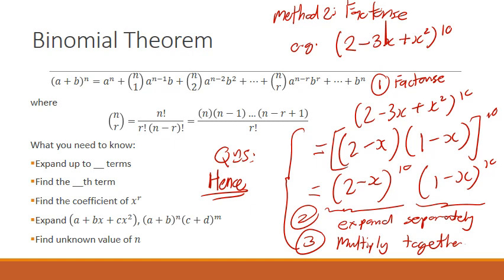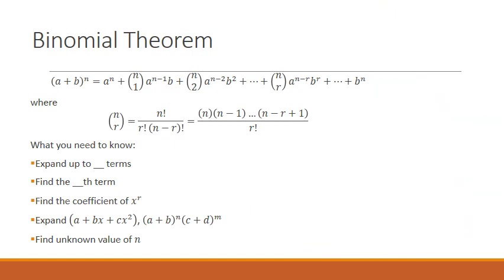So the last type of question that they can ask you, or rather generally the last type of question, is to find unknown values of n inside the binomial expansion. Of course, there are other special questions that they can ask you. For example, they tell you I have, let's say, (a + bx)^n.